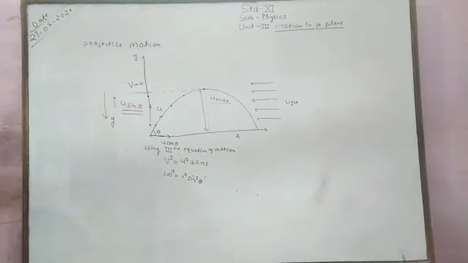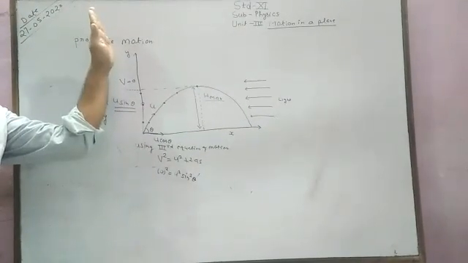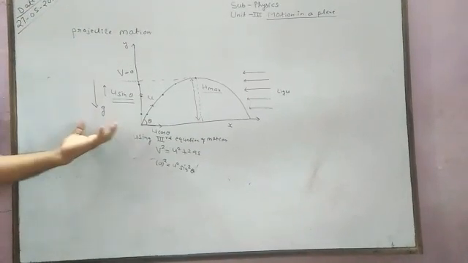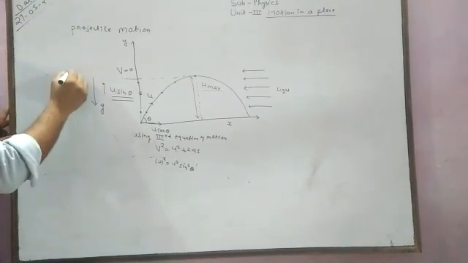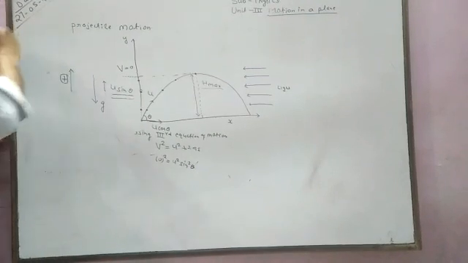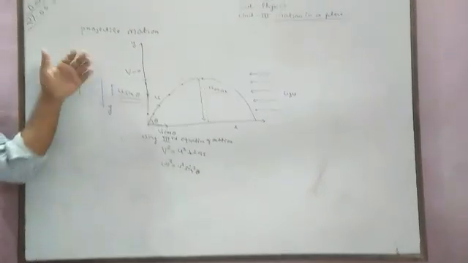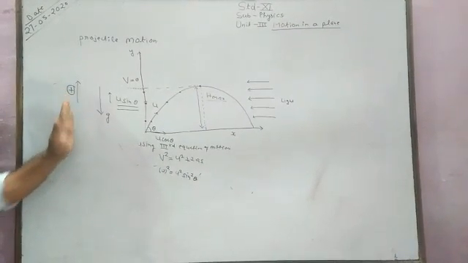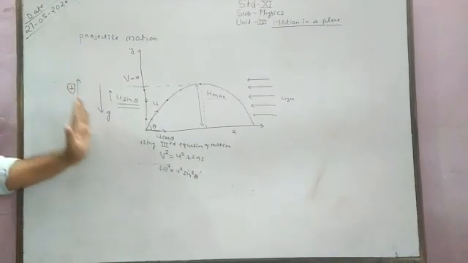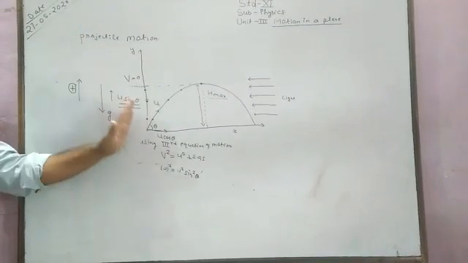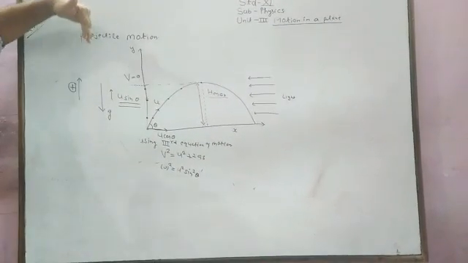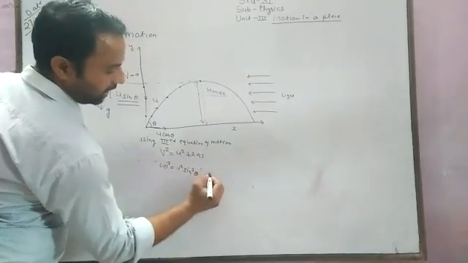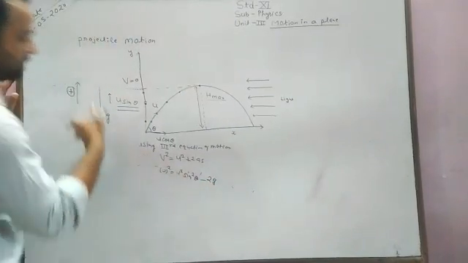According to the sign convention, the velocity in the vertical direction is taken to be positive, and the acceleration, being in the opposite direction, is taken to be negative, and the acceleration is g.